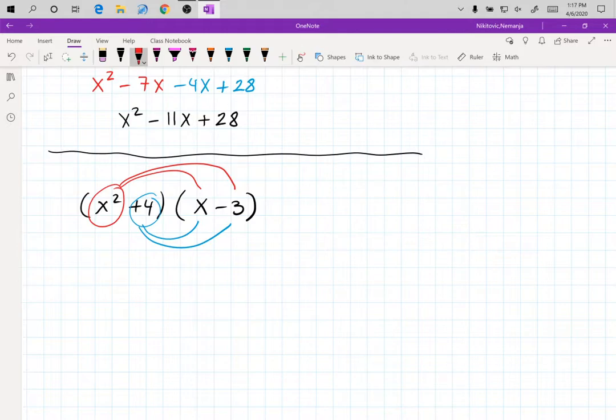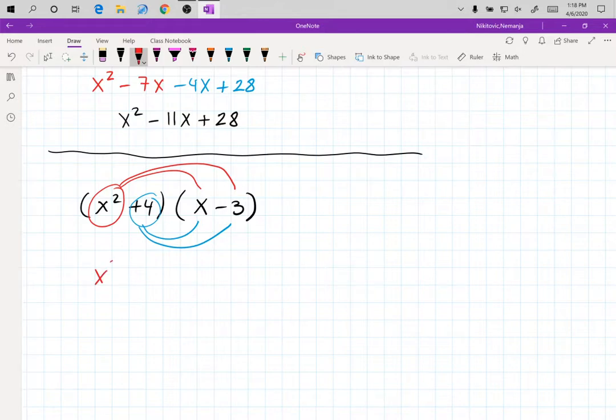So red one, what do I have for red? Well, I have x squared times x. Exponents are 2 and 1, which means that I am going to add 2 plus 1 to get an exponent of 3. So when I multiply x squared from the red to an x, I am going to get x cubed.